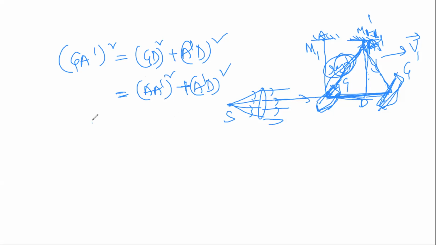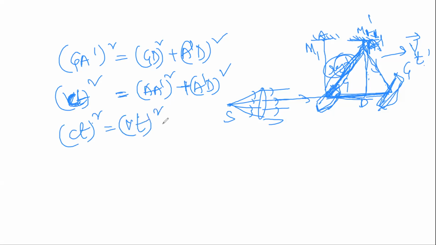Now what is G A dash? Because it is moving with a velocity V in time t, distance is equal to V into t, right? G A dash equal to VT whole square, or because the light ray is traveling with the velocity C, CT whole square. I'm talking about the light ray, right? Not the equipment. CT whole square is equal to, what is A dash whole square?